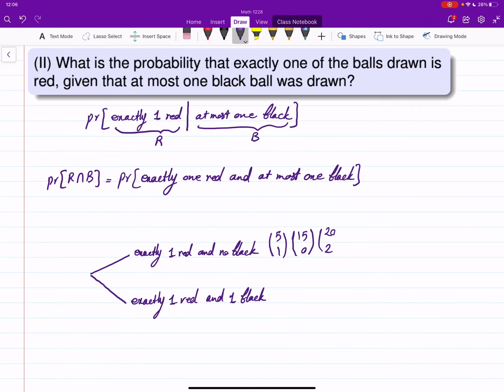Yes, there are 20 in total white, and the rest will come from the white. For the second part, I need to choose one from reds, one from blacks, and then the remaining, which is only one left, I have to take out from the whites. And then we add these two numbers. Yes, you know the properties of the tree.